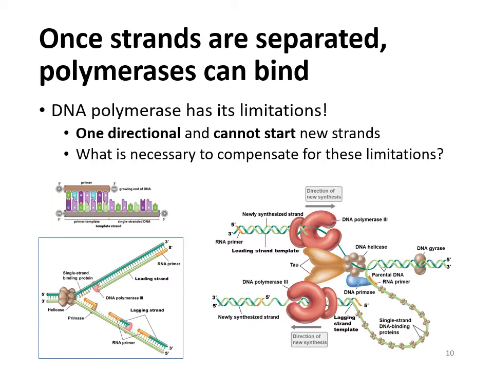Okay, because RNA polymerases do not have limitations. They can start a new strand completely from scratch. They don't need any other base to build off of. So when you think of the order of enzymes in the process of DNA replication, we had gyrase and helicase, then we had SSB. Now primase comes along and puts the RNA primers, and then DNA polymerase builds the new DNA strand off of that little starting primer.